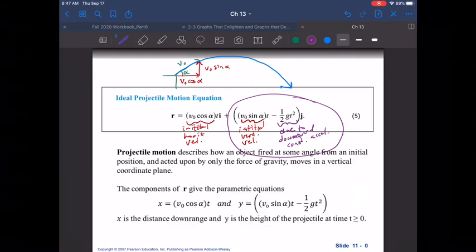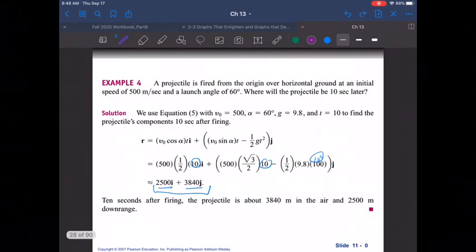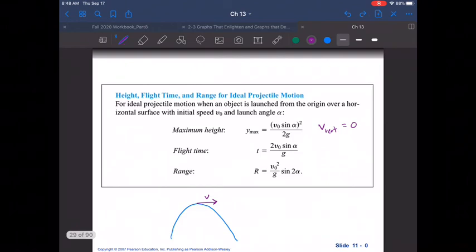So you figure out, according to this, how long it is till it gets to 0 height, or whatever height we're trying to get to. After you know that time, you can plug it in over here and see how far it would have traveled horizontally in that amount of time. Okay, and so they've gone ahead and done that all for you, combining those 2 ideas of when you get back to 0.